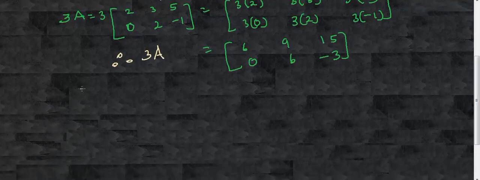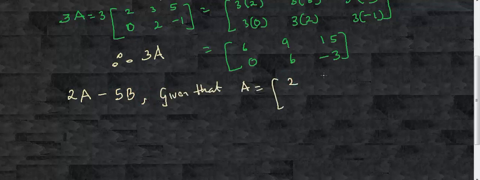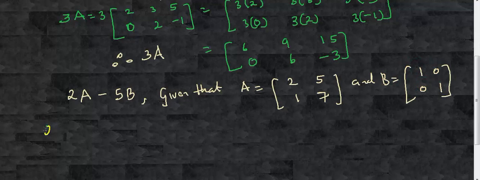They would ask questions which involve relations like this, say 2A - 5B, given that A is 2, 5, 1 and 7, and B is of the form 1, 1, 0, 0. I would suggest that you do these evaluations in steps.